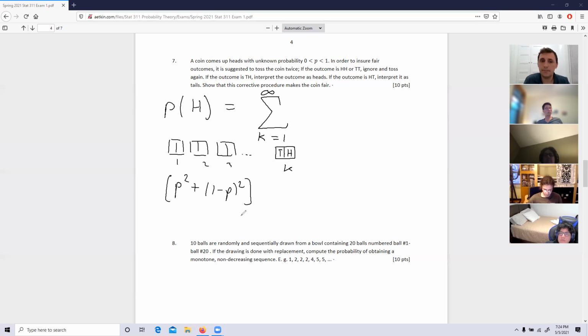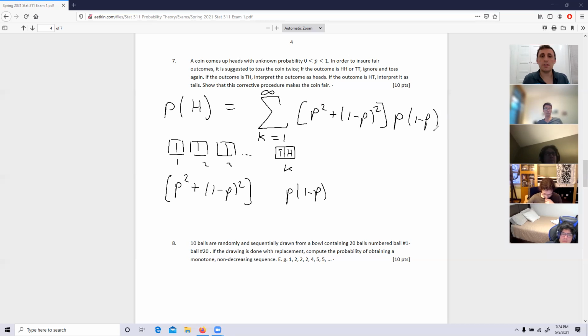Agreed? So it's p squared plus (1 minus p) squared. Yes, good. And the last outcome is p times (1 minus p). So the result is simply (p squared plus (1 minus p) squared) times p times (1 minus p).